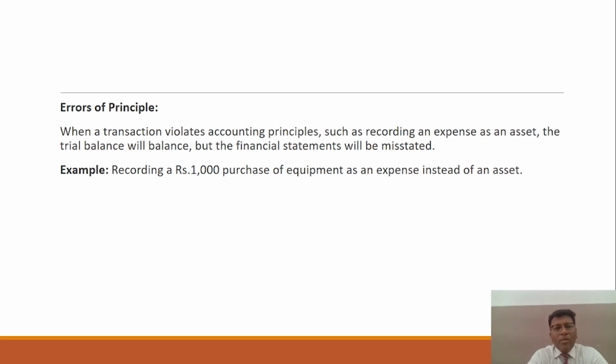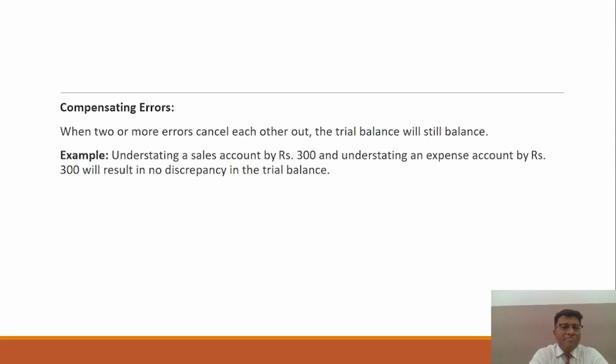For example, recording a rupees 1000 purchase of equipment as an expense instead of an asset. It should be an asset. Because an expense is written in the debit side and an asset is also written in the debit side, you are writing 1000 rupees, but you are not giving the correct name of the asset or expense. That would be the error of principle.